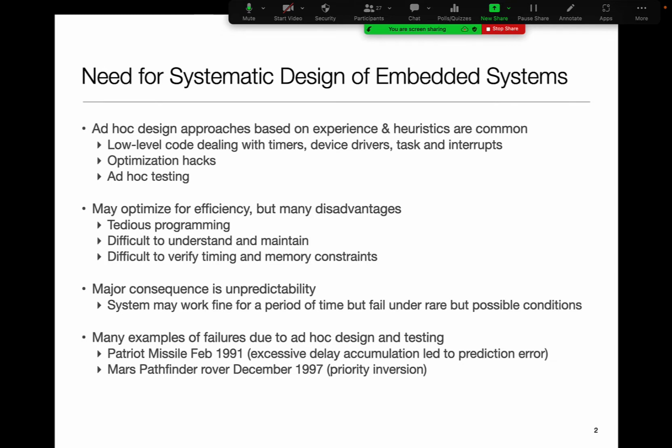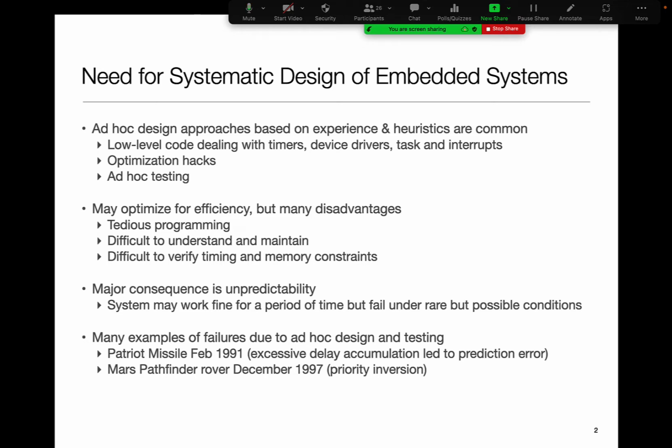There are plenty of examples on the embedded system side where ad hoc strategies, where you tested and deployed, failed, often with catastrophic consequences, and that has given rise to approaches where, when we deploy, there's a lot of prior assurance about our ability to meet timing.